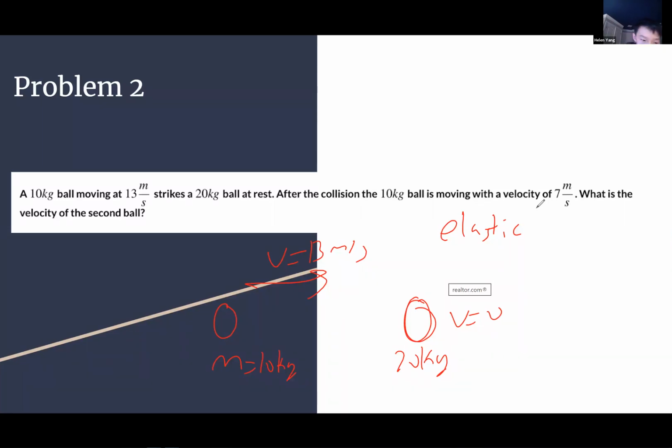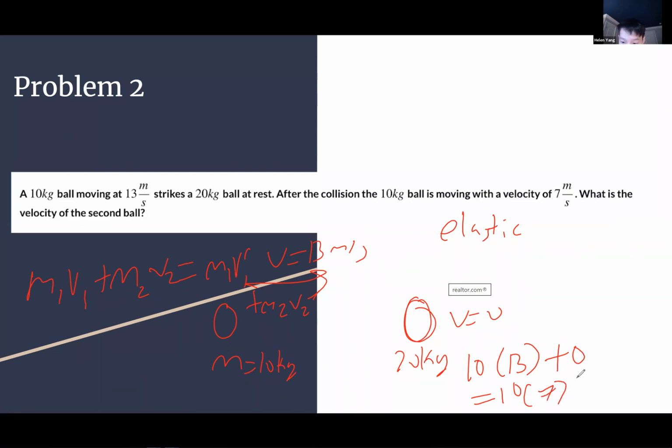So it would be m1 v1 plus m2 v2 is equal to m1 v1 prime plus m2 v2 prime. The first mass we know is 10, and the velocity is 13, plus 0 is equal to 10 times 7 meters per second plus 20 times v, since we're trying to find the velocity of the second ball.